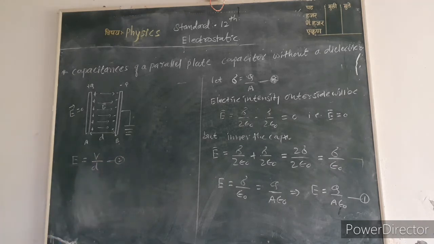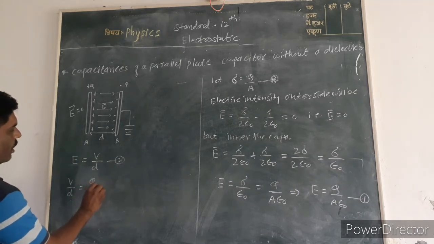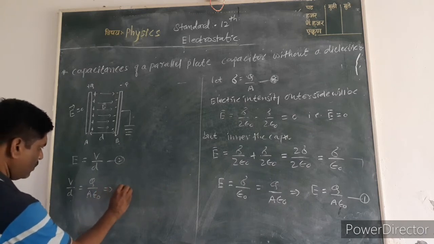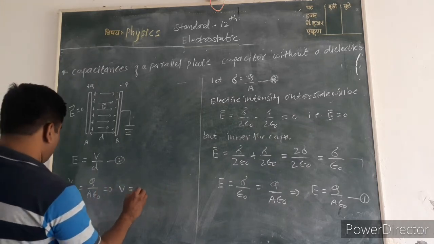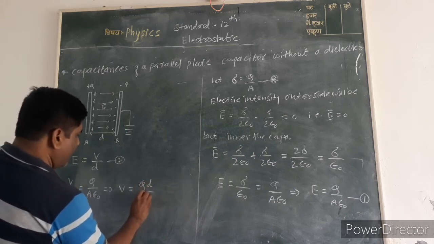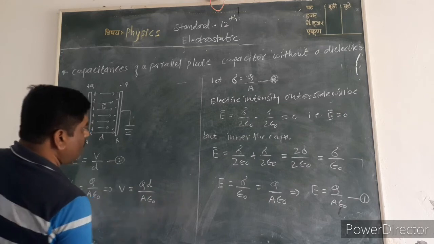From equation 1 and equation 2, it is clear that Phi upon D is equal to Q upon A epsilon 0. Or this gives Phi is equal to QD divided by A epsilon 0.